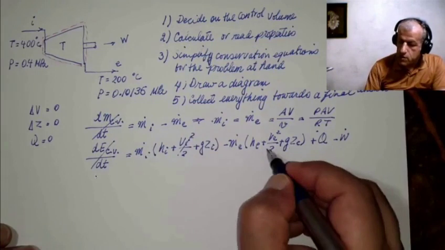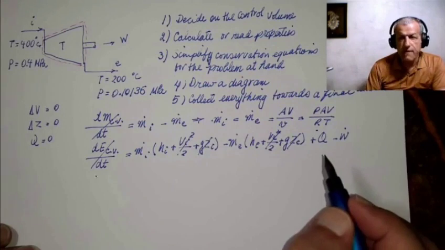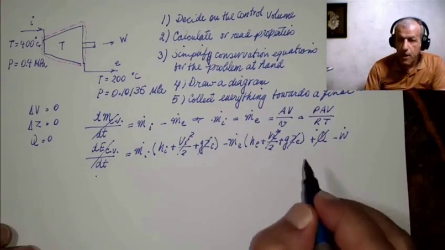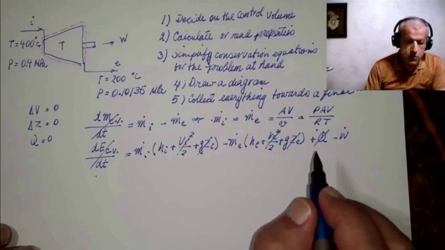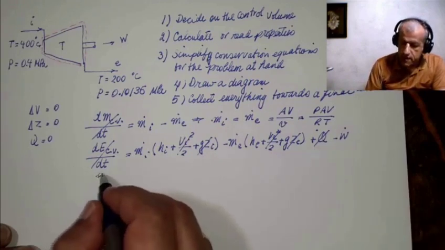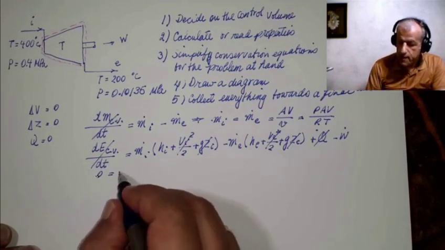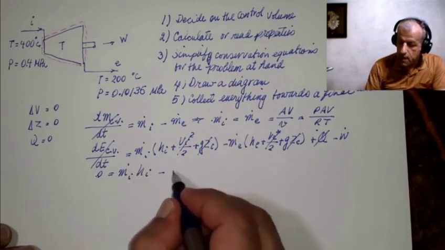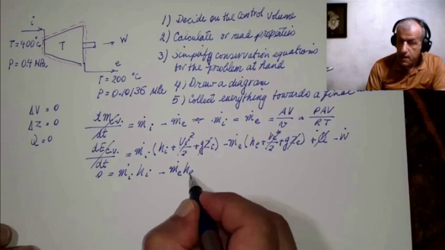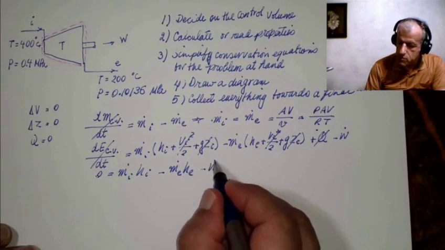There are no changes in velocity, no changes in elevation, and the problem, as initially stated, is adiabatic. So that term also vanishes. So the final form of the problem would be 0 equals m dot_i h_i minus m dot_e h_e minus W dot.